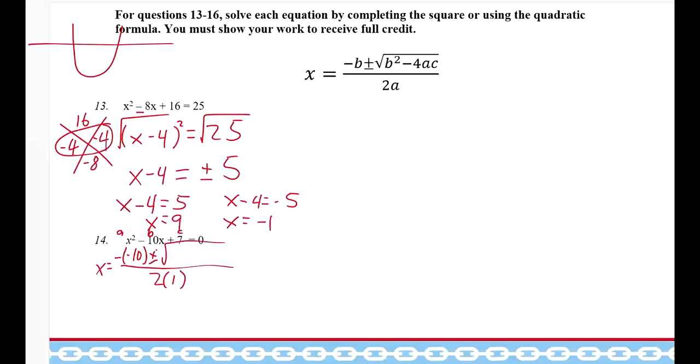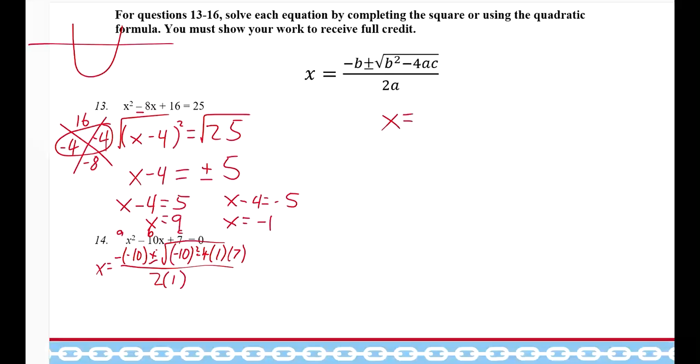So negative b plus or minus square root of b squared. Right, my b value is negative 10. Why I'm making sure I pay attention to those parentheses. Minus 4 times a times c. And I'm going to pop over to this part of the screen here.